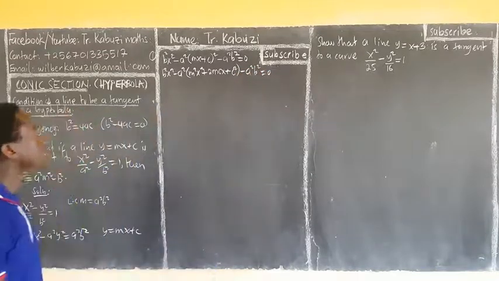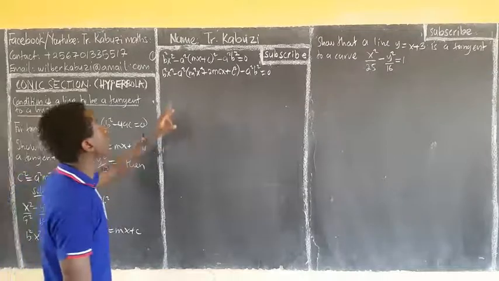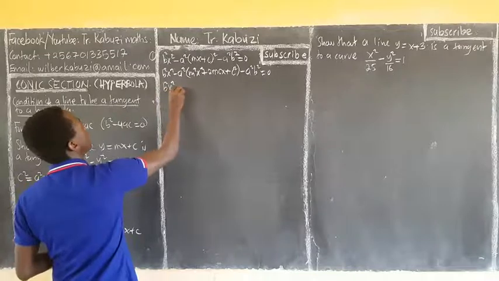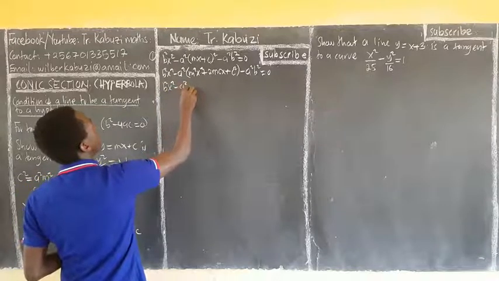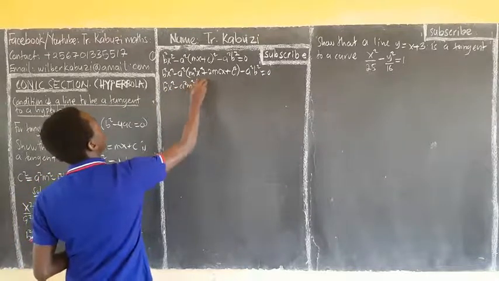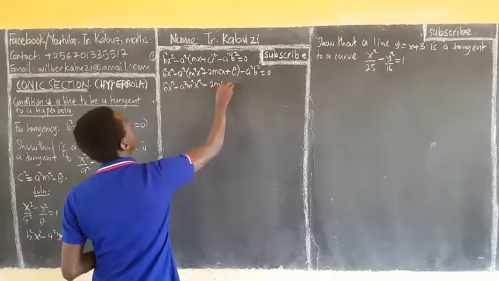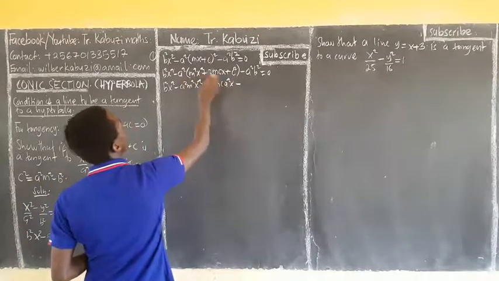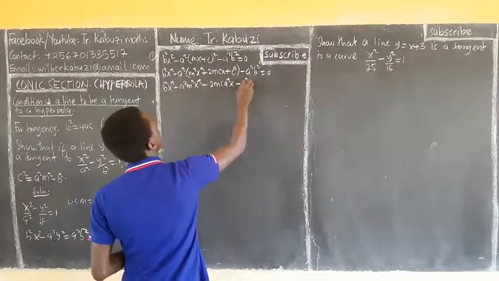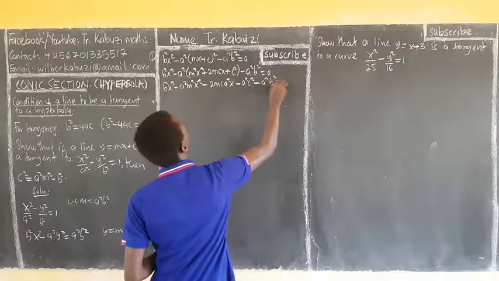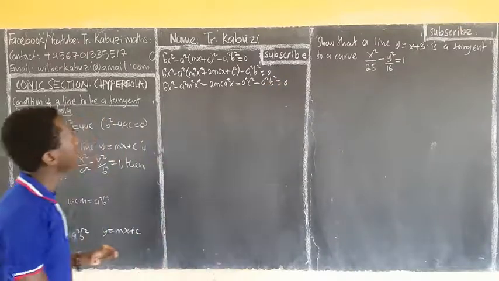If you open the brackets and collect like terms, you shall be having minus a squared, then minus 2mc a squared x, then minus a squared c squared, equaling 0.